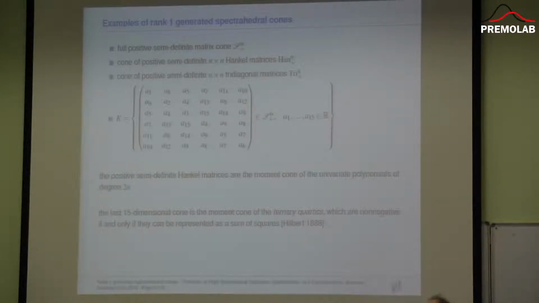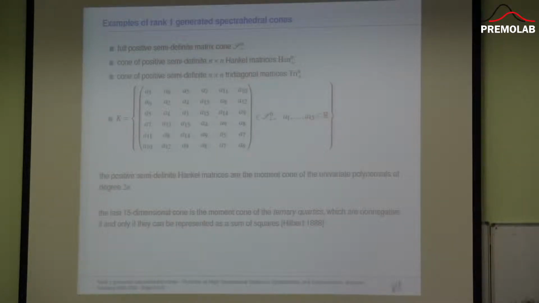It's well known that the positive semi-definite Hankel matrices are generated by the rank 1 Hankel matrices. And this is equivalent to the fact that any univariate polynomial which is non-negative is also a sum of squares. So it's a classical result. And we also have the tri-diagonal matrices.